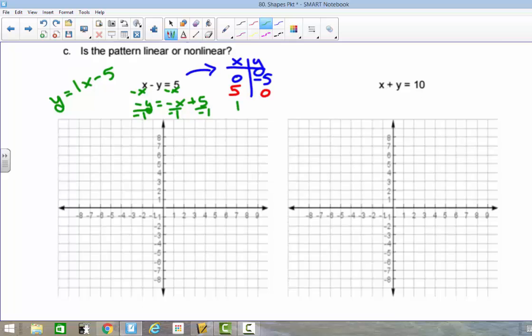So 1 would give you -4, and 2 would give you -3, and 3 would give you -2. And 4 would give you -1. So you start at -5, your slope is 1, so it's the diagonals, and this is your other intercept.